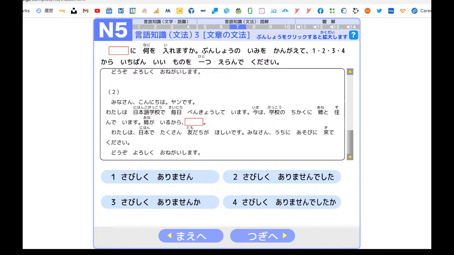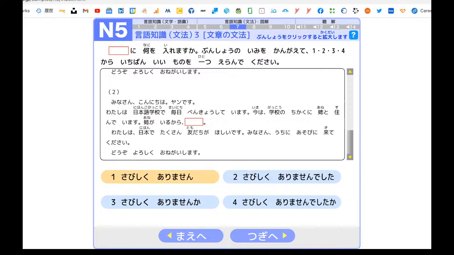So you just skip it. The very important sentence is the one that includes this blank, and the one before it. Okay, the one before: 今は学校の近くに姉と住んでいます。The clue is here. 今は. So we were talking about present tense or past tense, and we are just considering which one it is.